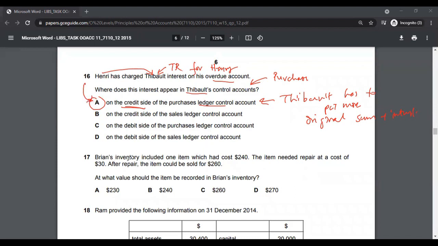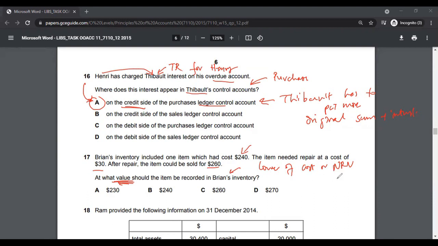Multiple choice 17. Brian's inventory included an item which had a cost of $240. The item needed repair at a cost of $30. After repair, the item could be sold for $260. So this is basically using lower of cost or NRV, because the question is asking at what value the item should be recorded in Brian's inventory.